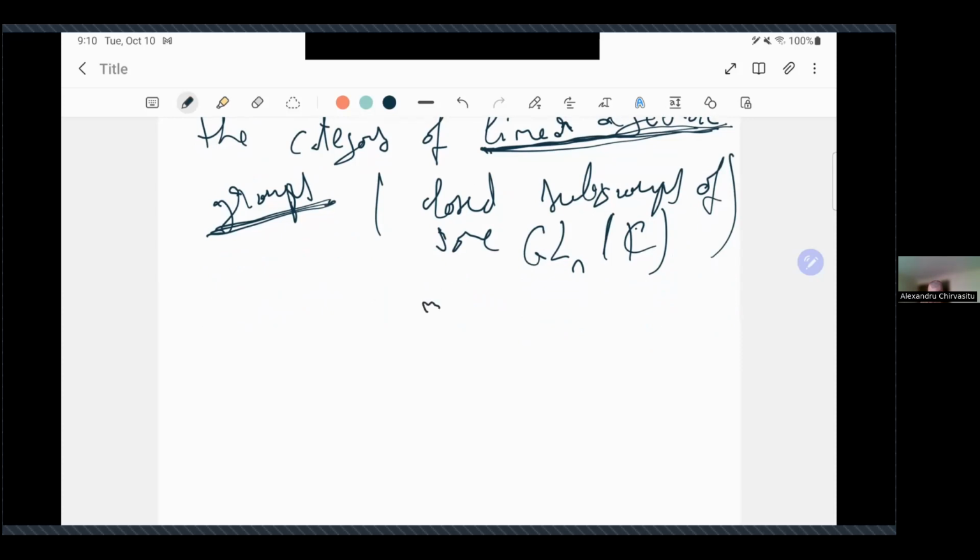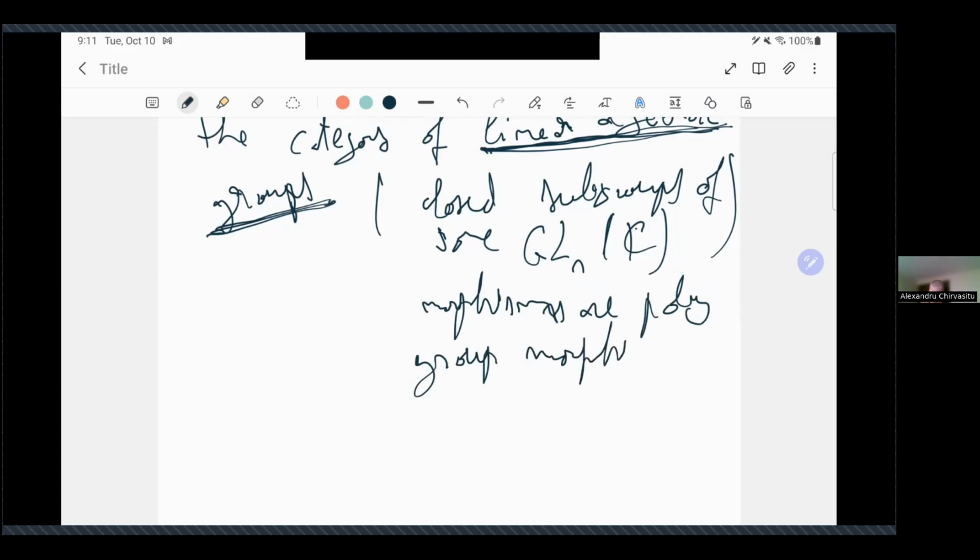So morphisms are polynomial group morphisms. So things like the determinant.